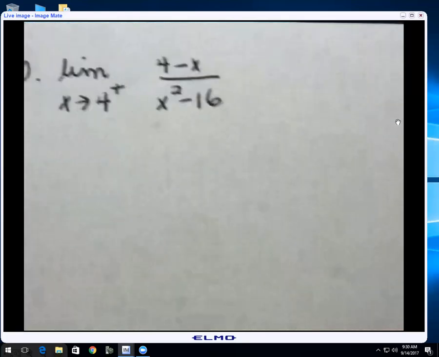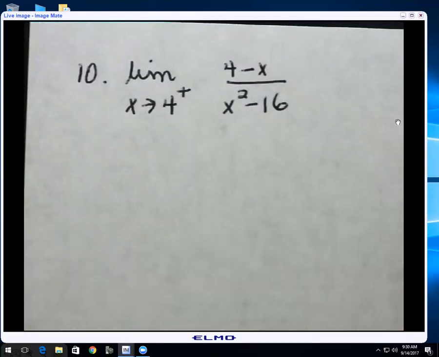We're looking for the right-hand limit, but if I can find the two-sided limit, then that's what the one-sided limit is as well. Could that limit as x approaches 4 be found by direct substitution?